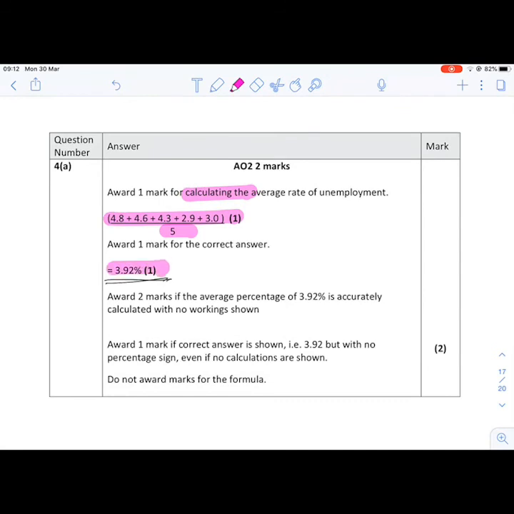The examiners would also award 2 marks if the average percentage of 3.92 is accurately calculated with no working. However, only 1 mark is awarded if the candidate gives an answer of 3.92 without the percentage sign. No marks are awarded for the formula.